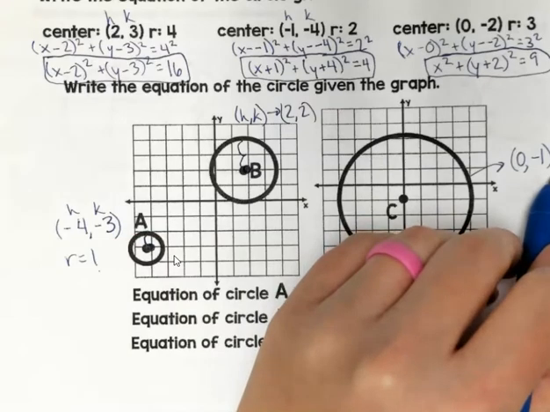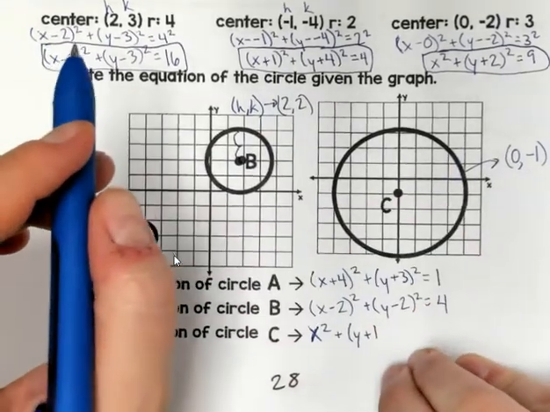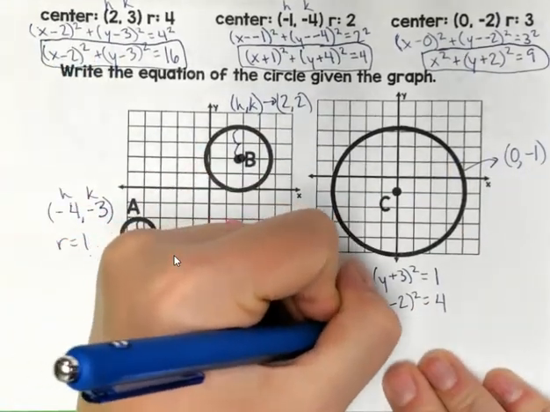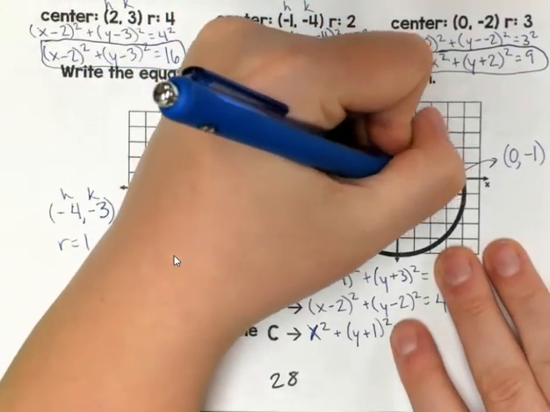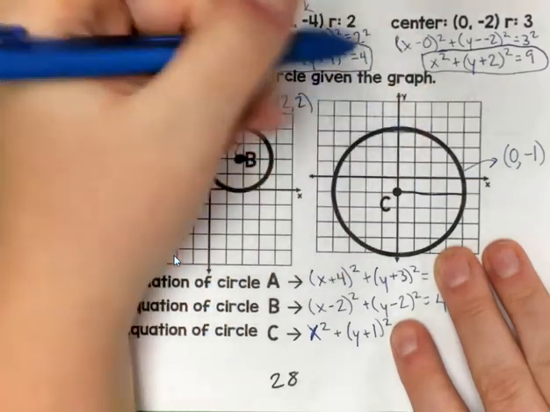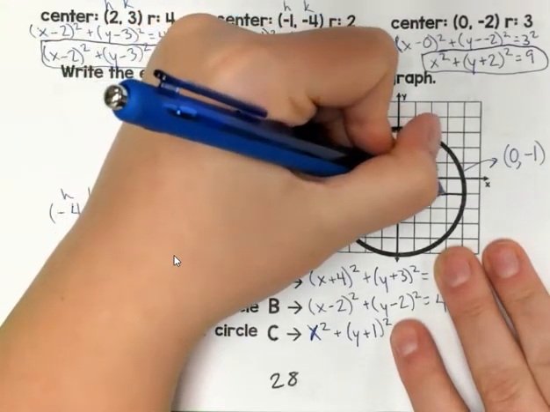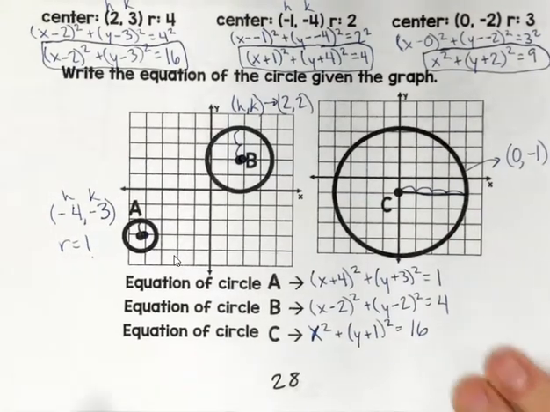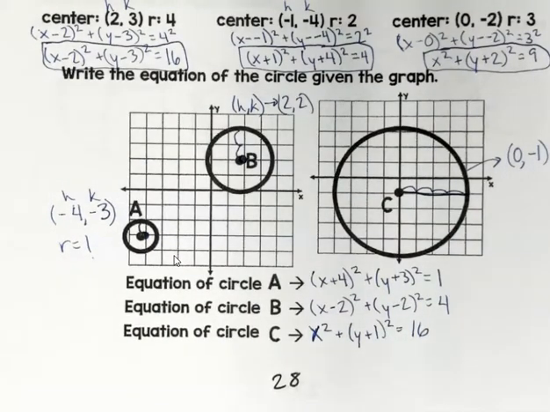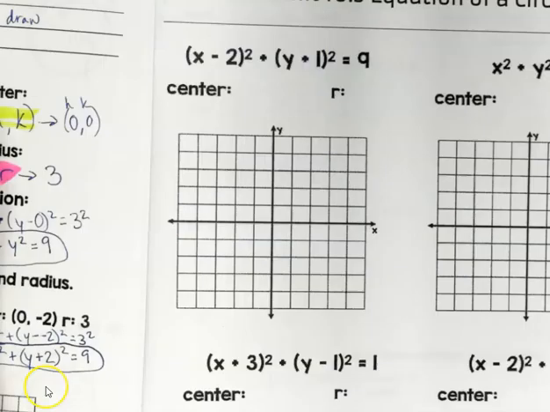Since it's a -1, it turns into a +1 squared, and then the radius, I'm just going to draw a straight line, draw in the radius from the center. 1, 2, 3, 4 units. 4 times 4 is 16. Alright, let's move on to the next page.